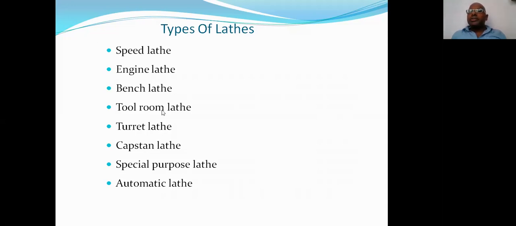In some situations you are supposed to give an answer for 6 different types of lathe. In that case, you are supposed to mention any 6 or 8 also. In some situations, you may be asked for 8 also. So this is the simple concept.